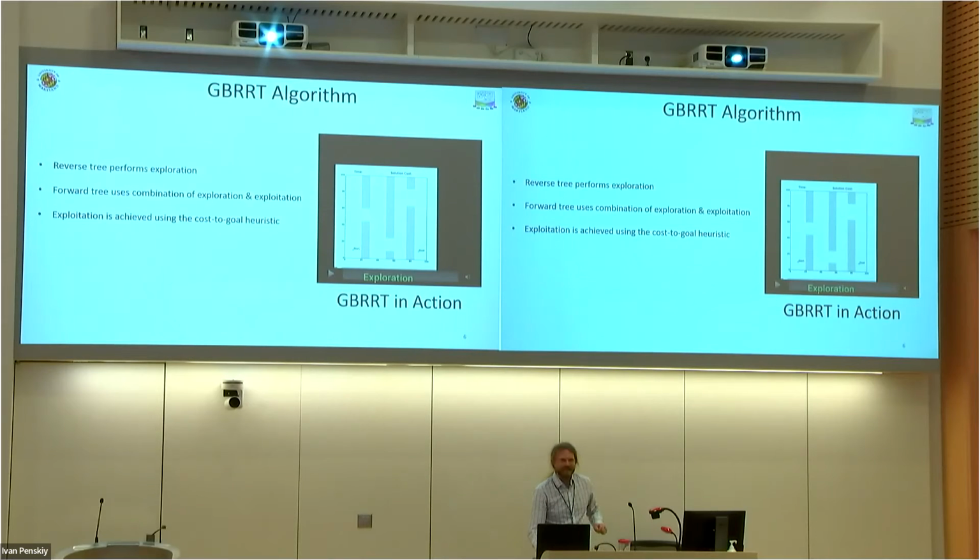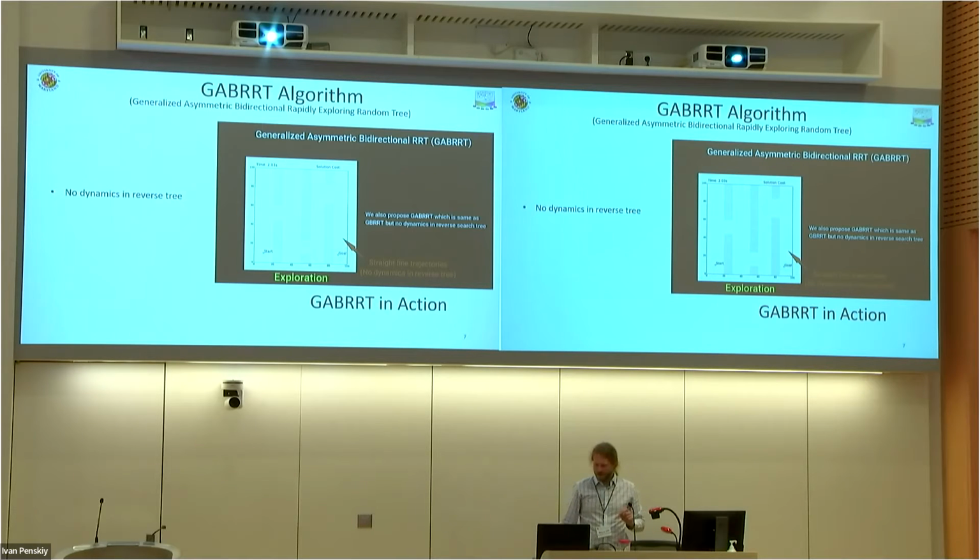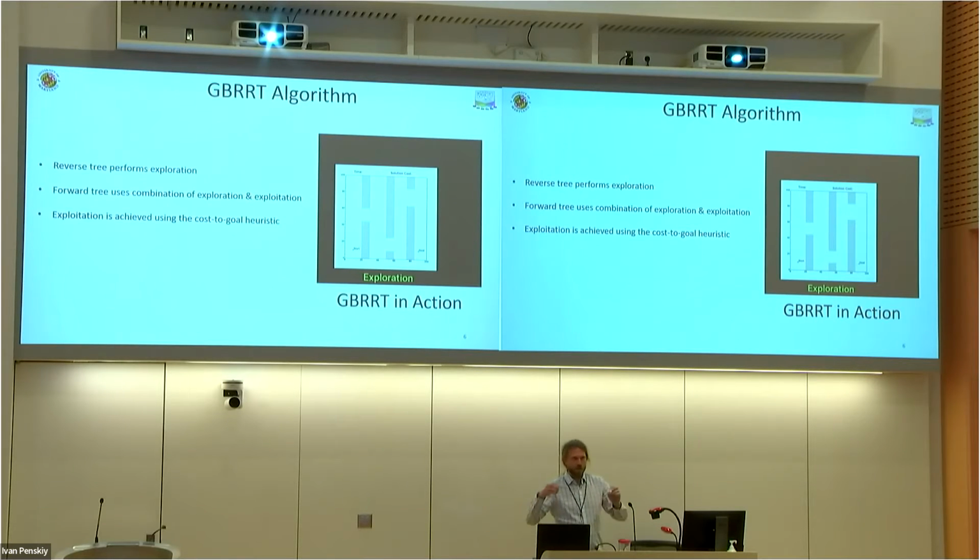I appreciate that. So we also tested a different idea. In the first one, which we're calling GBRRT, we're accounting for the dynamics of the robot, both in the reverse tree and also in the forward tree, which helps if there are really weird passageways where you're pushing the dynamics to their max in order to move around through narrow passages that are shaped in interesting ways that happen to be compatible with your robot.